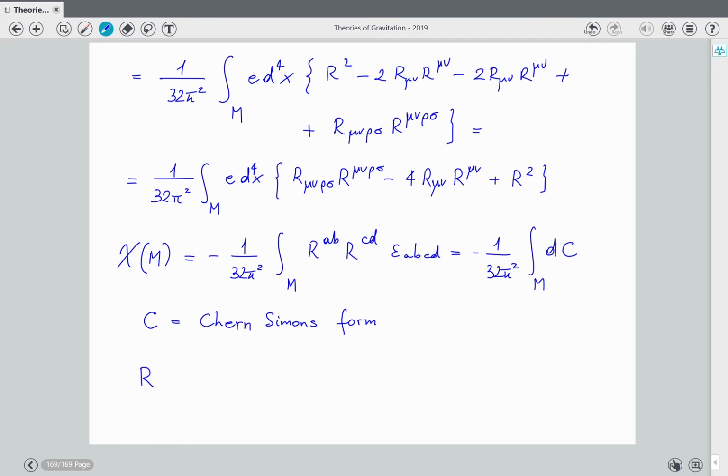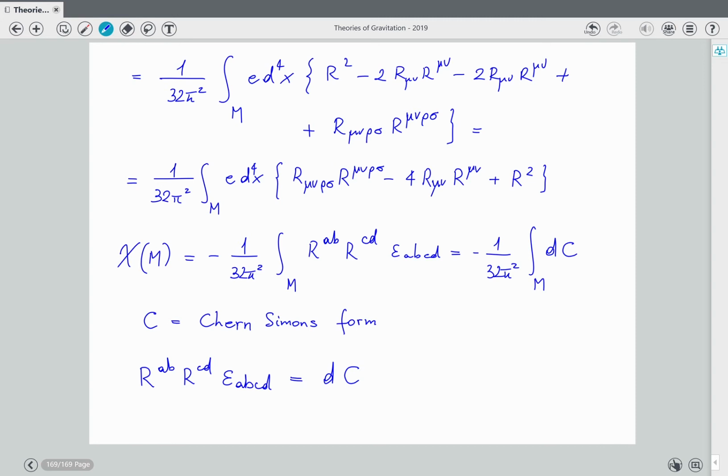So R^AB R^CD epsilon_ABCD is equal to dC. Does that mean that the 4 form on the right hand side is exact?